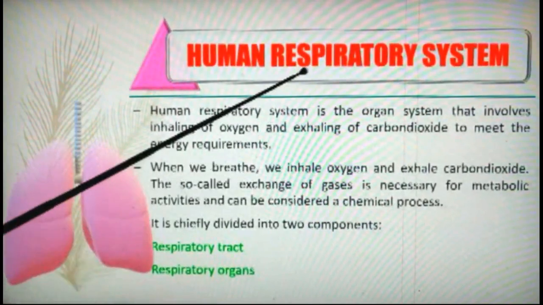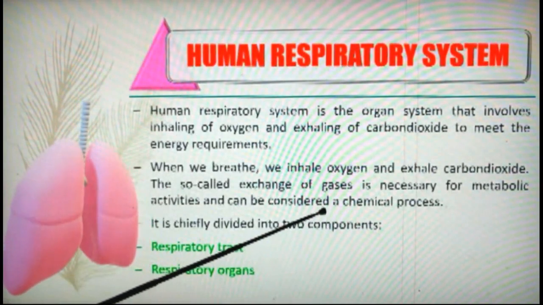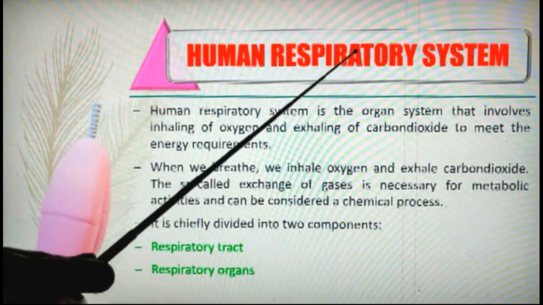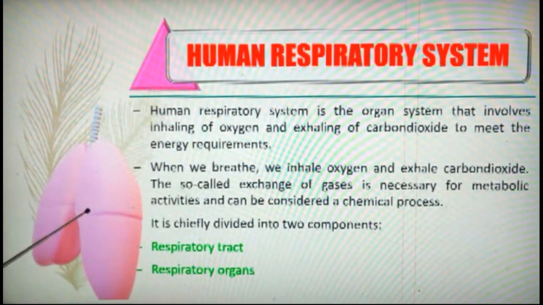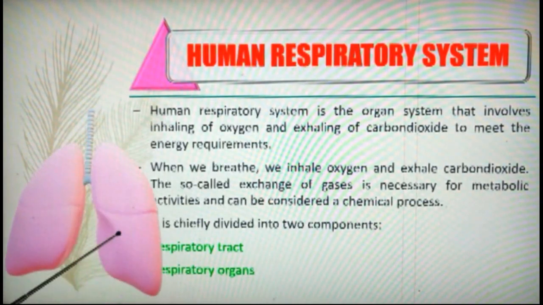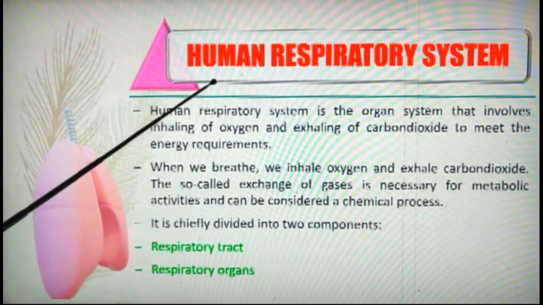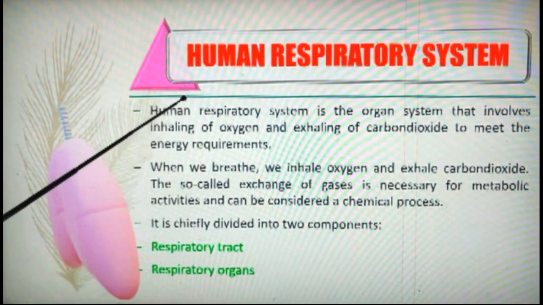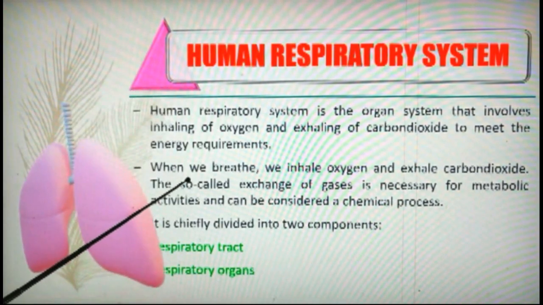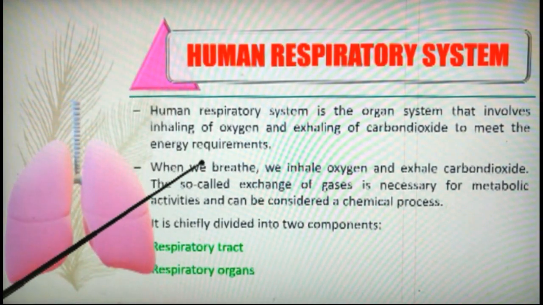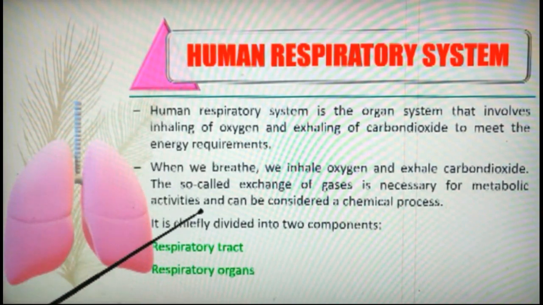Now we can move on to the human respiratory system. Hope you can see this structure. That's the lungs, isn't it? They are the important respiratory organs. Almost all the terrestrial organisms have respiratory structures for taking in oxygen and giving out carbon dioxide.